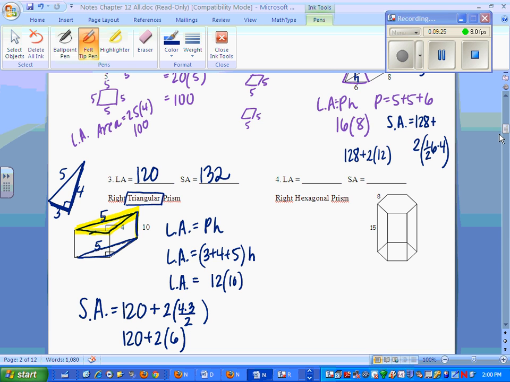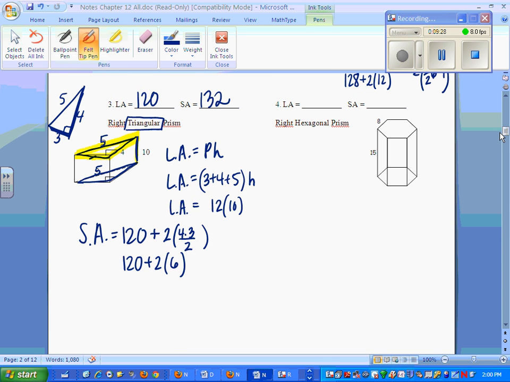Alright, last one, right hexagonal prism. In this case, I need to know the area of a hexagon, which is a regular polygon, 1/2 a times p. Remember a is the apothem, so in this case I'm going to have to draw in a triangle to figure out what the apothem is. I know each side is 8.